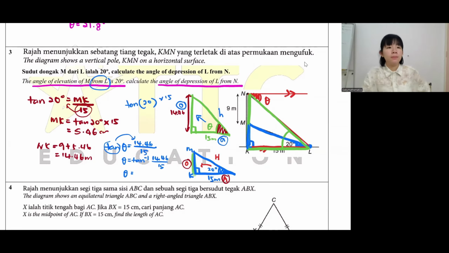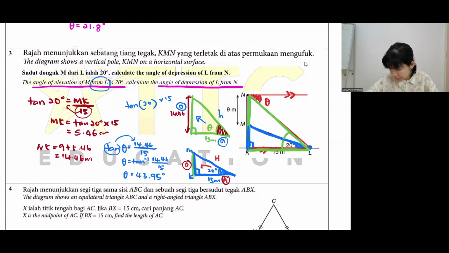Okay, how much? Tangent inverse of 14.46 over 15 is 43.95 degrees. Okay, now next topic.